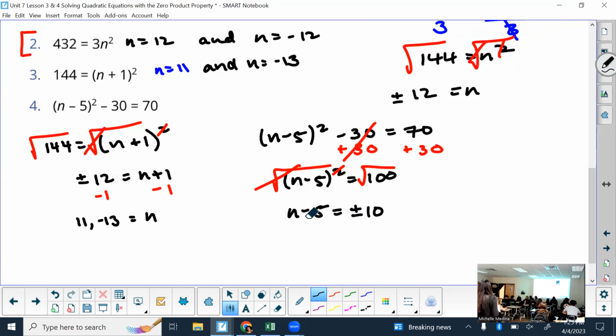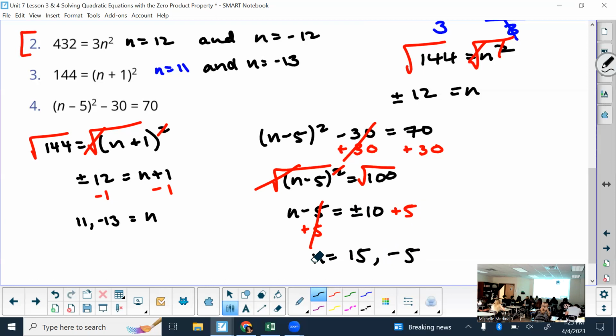All right, opposite of minusing 5 is whatever you do on one side of the equal sign. Great. And remember, it's a plus or minus 10. So what's positive 10 plus 5? And negative 10 plus 5. Negative 5 sounds a little more right.